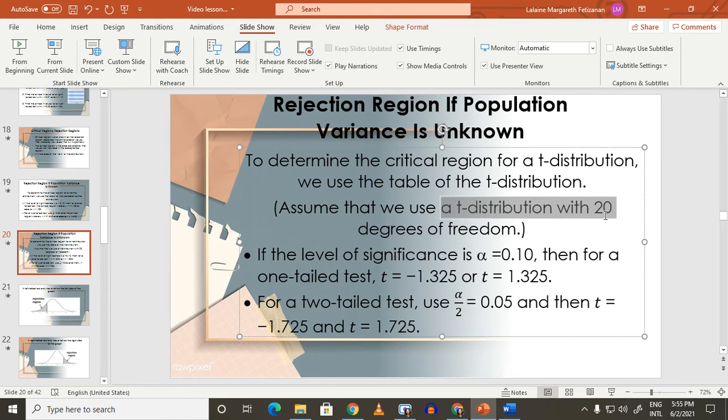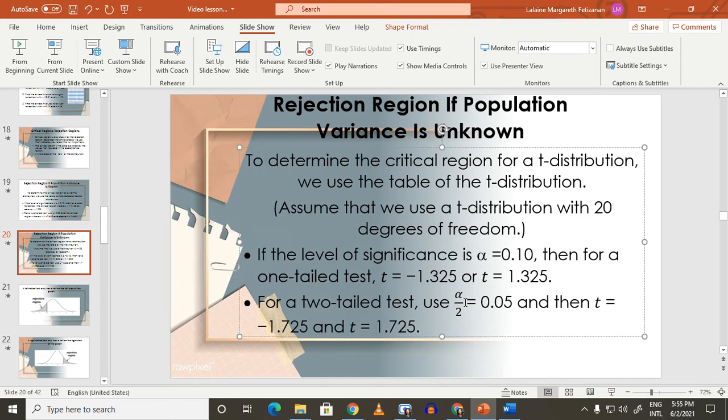And let's use this, 20 degrees of freedom, di ba? Sa 20 degrees of freedom, ang level of significance alpha is 0.10. Sa one-tailed test, ang ibig sabihin niyan, ang critical value ng T is negative 1.325. Kapag naman right-tailed siya, positive 1.325.